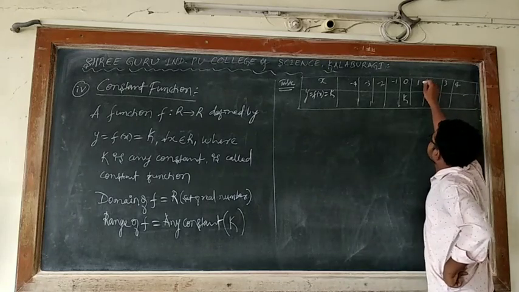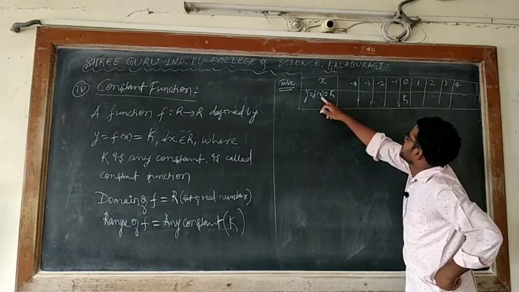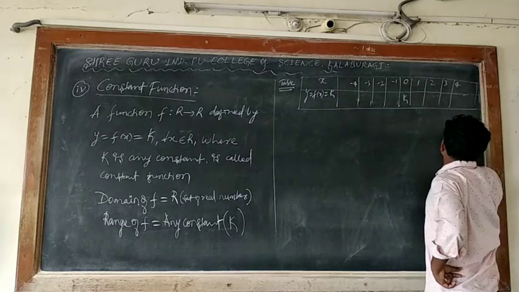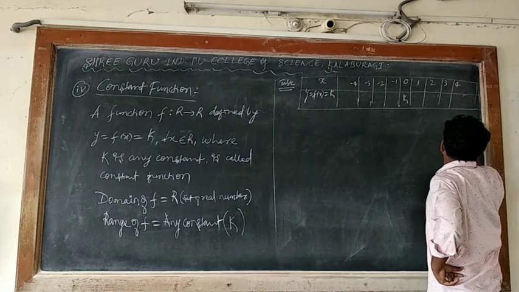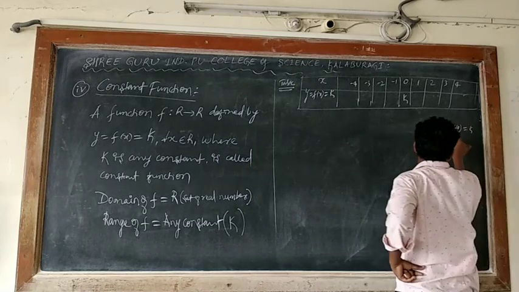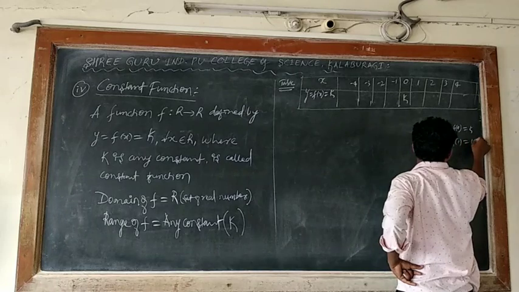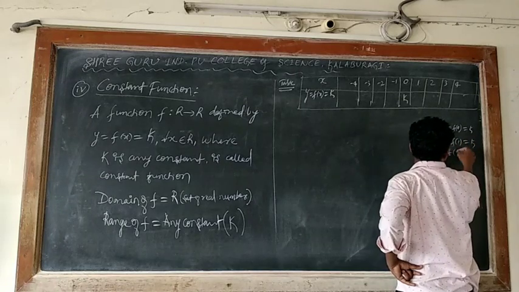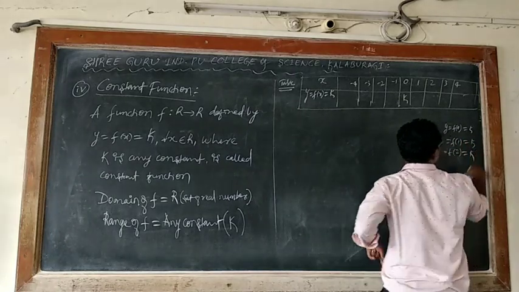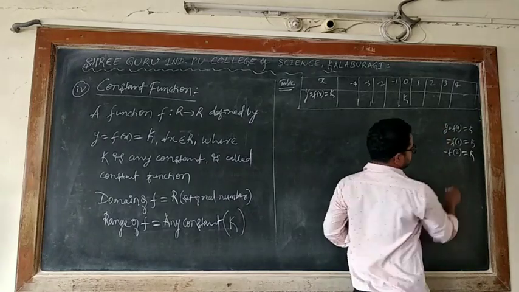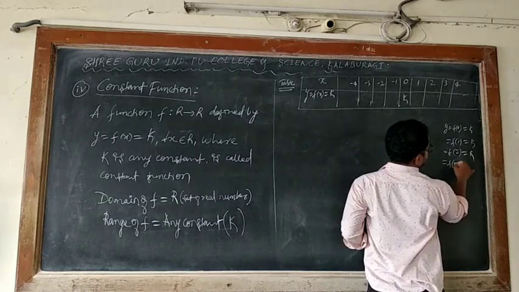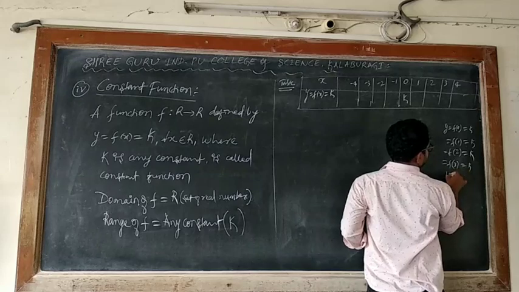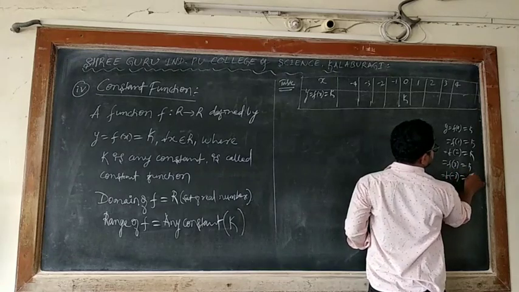F of 0 is k. F of 1, k only. F of 2, k only. You take any value of x. F of 3, k. F of minus 3, k only.